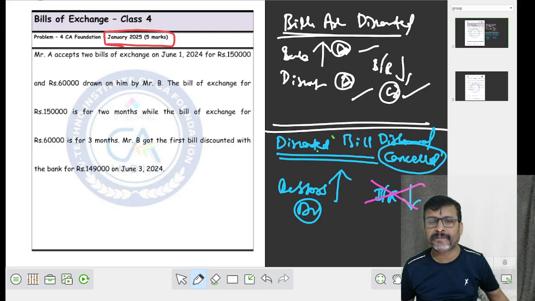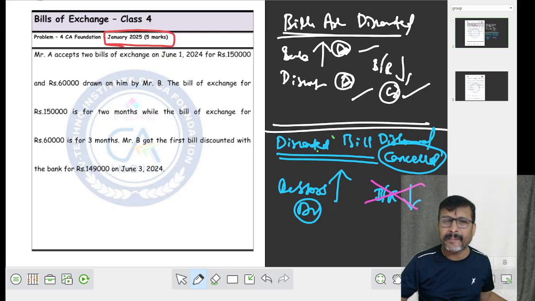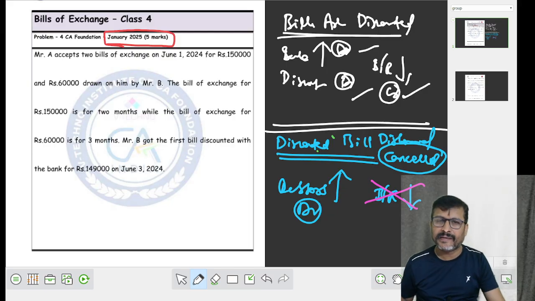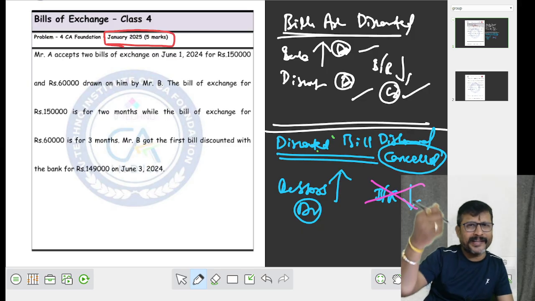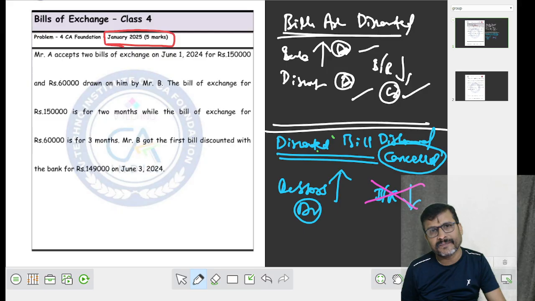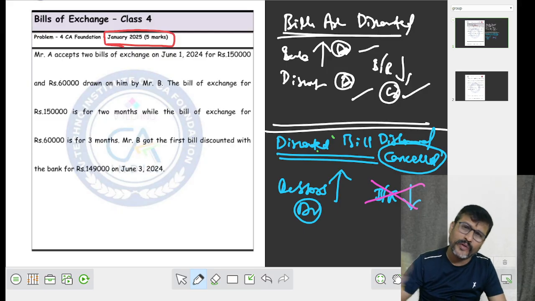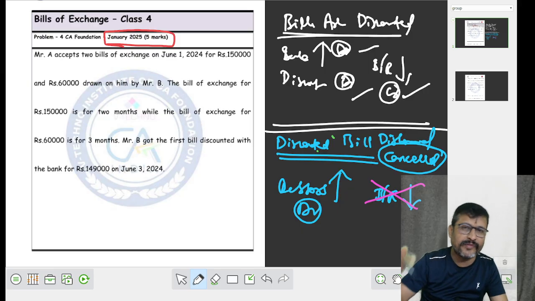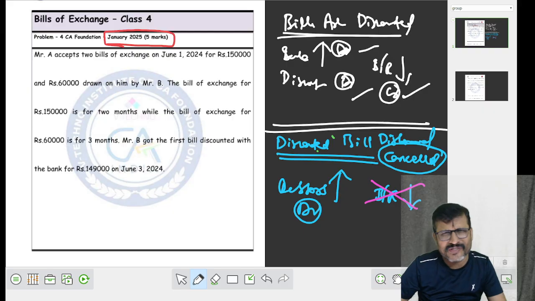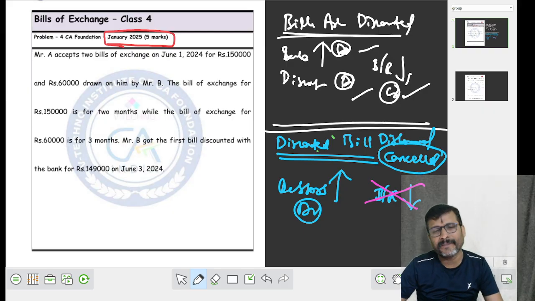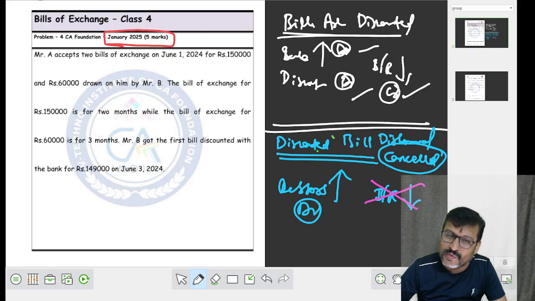Sir, why should we not say bills receivable decreases? Sir, you said the same thing in the earlier three problems. Why are you changing your teaching technique? Why are you making the students confused? No, it's not like that, my dear students.